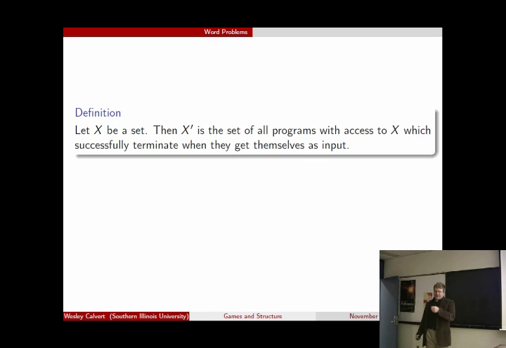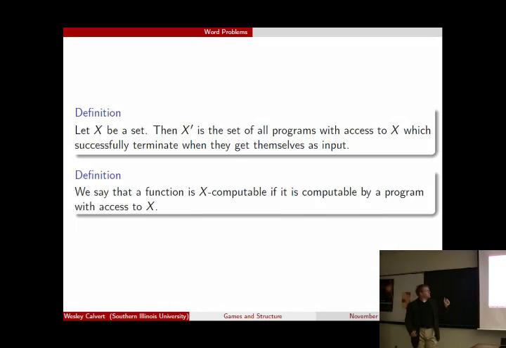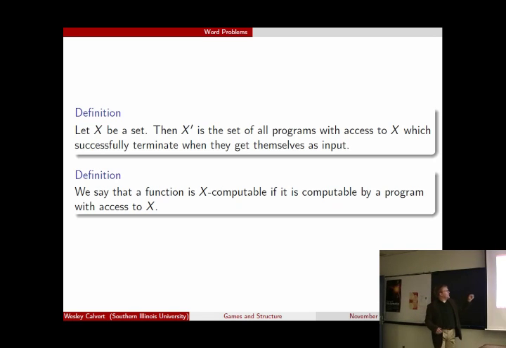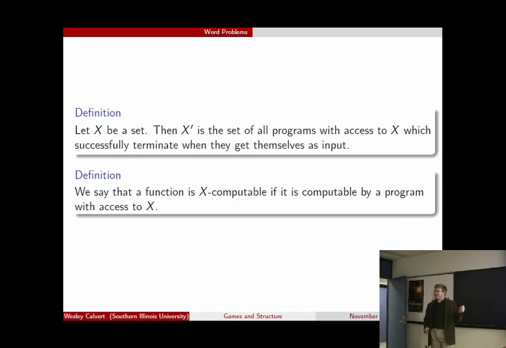And so it checks it in its database. Is n a member of X, yes or no? And then acts accordingly. So you take programs with that kind of data and take the halting set among those programs. That we call X jump. And that kind of program, by the way, we say that the function is X-computable if it's computable by a function that has that kind of access to X.